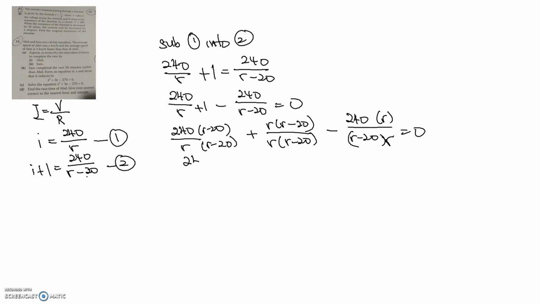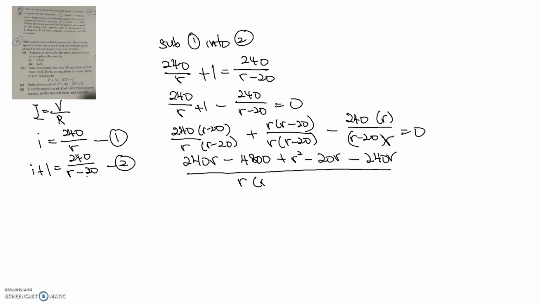So with 240R minus 4800 plus R squared minus 20R minus 240R, the whole thing over R times R minus 20, and equals 0. Now, since this is a fraction equals 0, we can just care about the numerator.